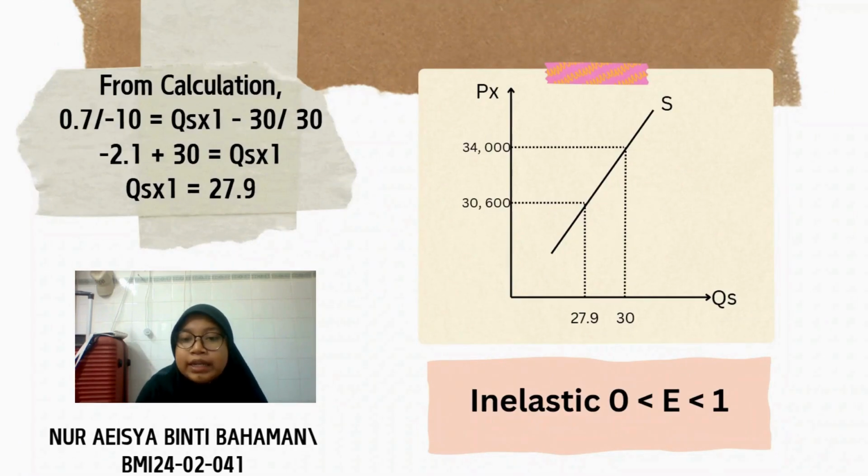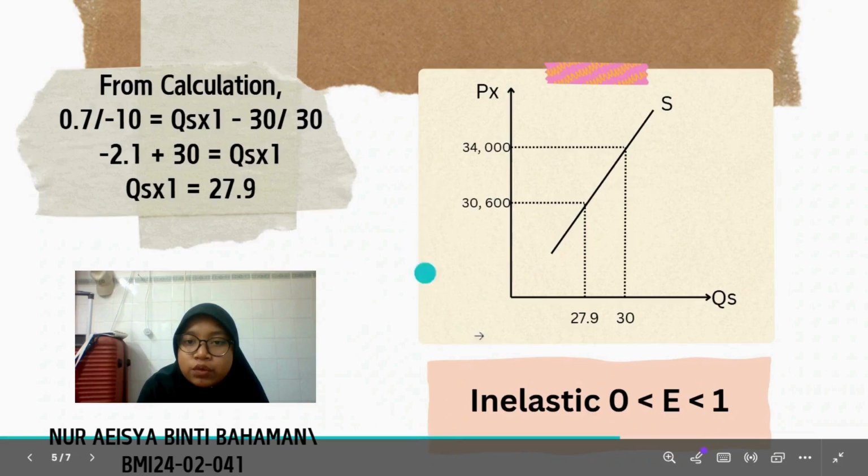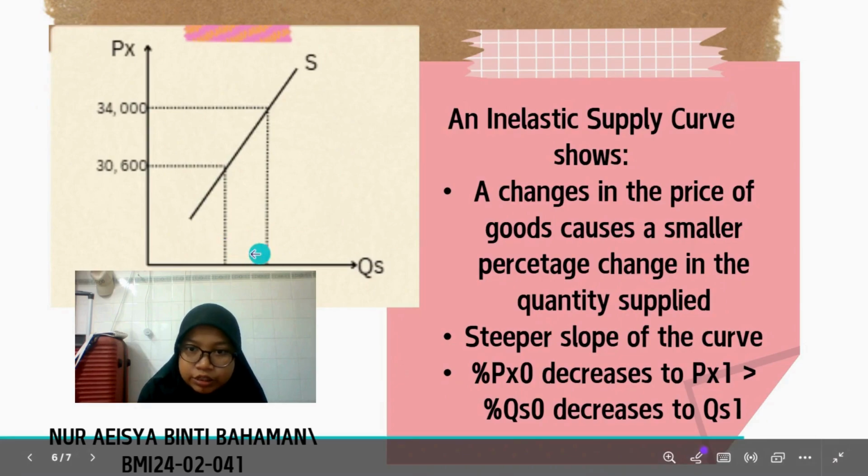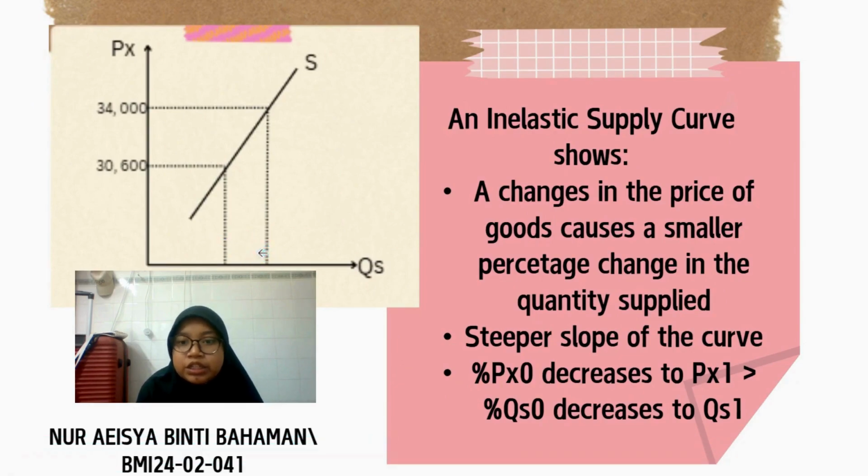And so it shows the inelastic supply curve, which shows that the elasticity is between 0 and 1. From this inelastic supply curve, a change in the price of the goods causes a smaller percentage change in the quantity supplied.